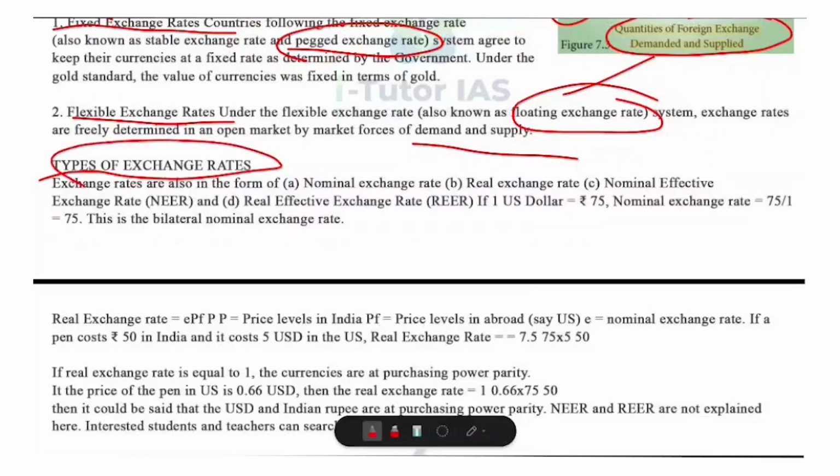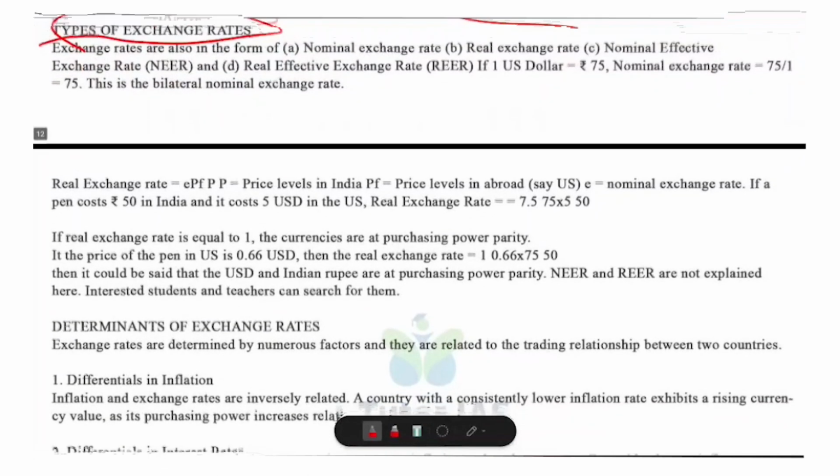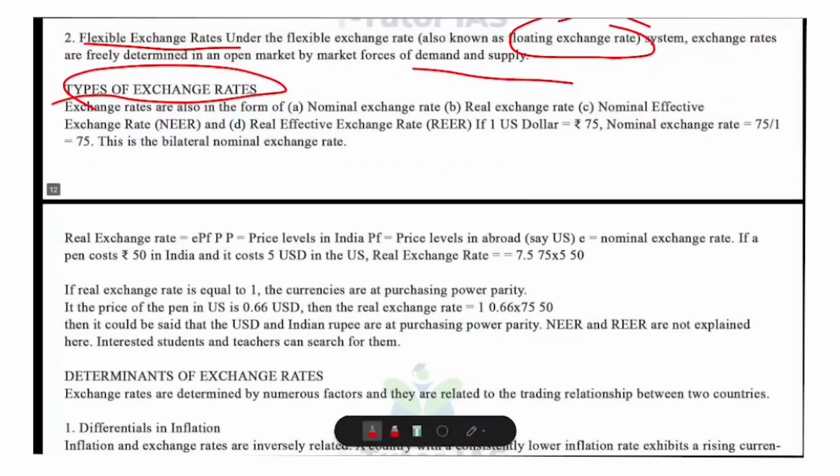Exchange rates can be classified into four main types. NER, that is nominal exchange rate, RER, real exchange rate, then nominal effective exchange rate, and also real effective exchange rate.